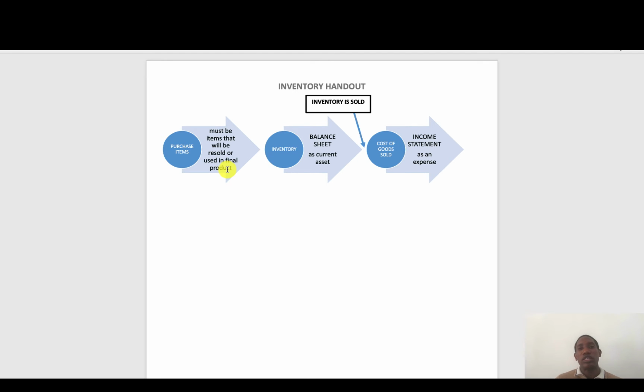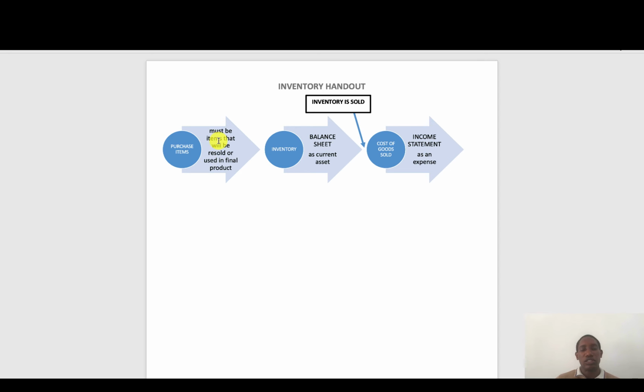When Target and Walmart buy food, canned goods, clothing, cleaning supplies, their purpose is to resell those things. But you also have manufacturing companies that buy screws and plastic, and then they apply labor to those items and then sell those. When you buy items with the purpose of reselling those items, those items are considered inventory.